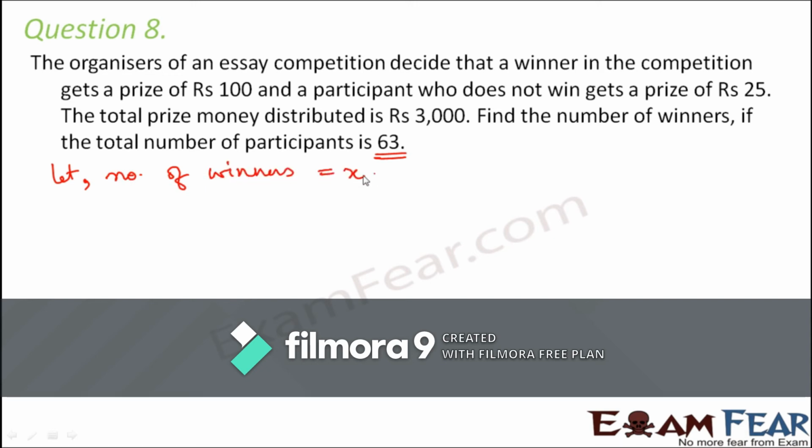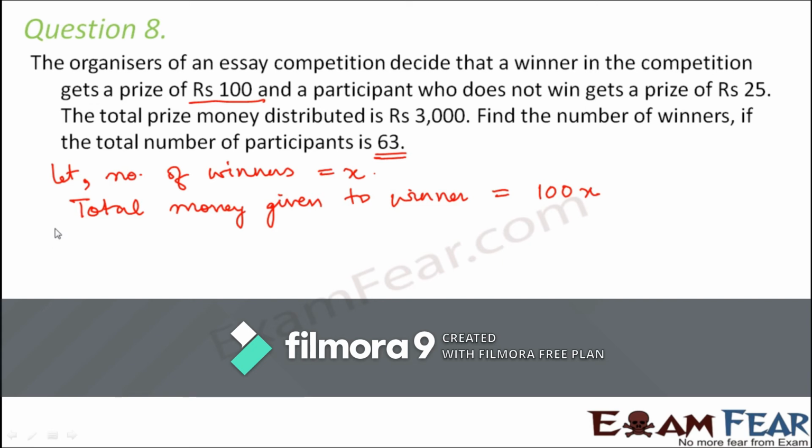If the number of winners is x, then how much money would have been given to the winners? For each winner, the amount given was 100. So for x winners, the amount would be 100 into x, that is 100x.